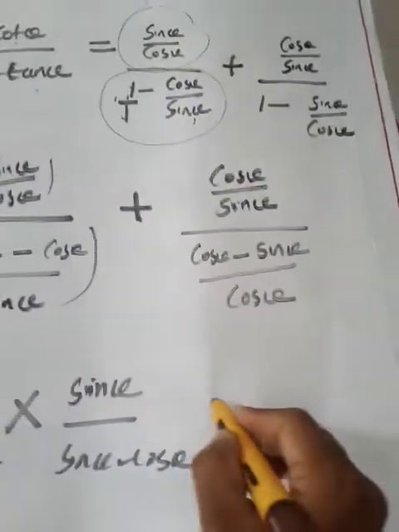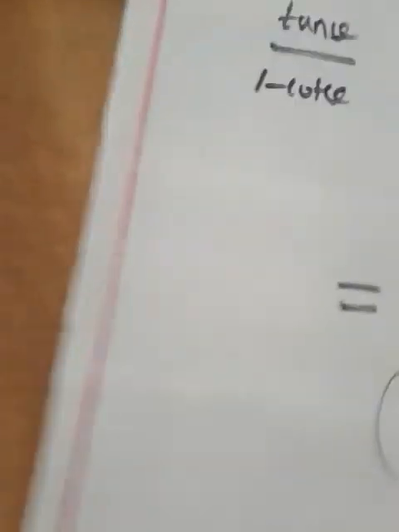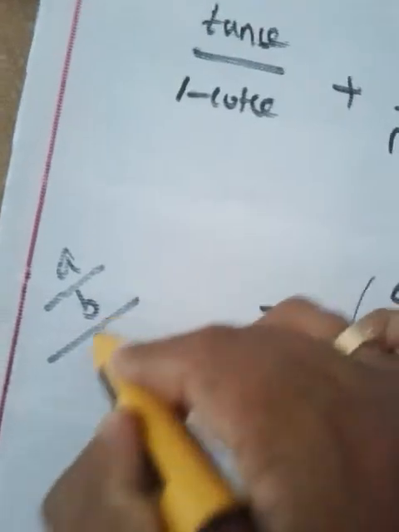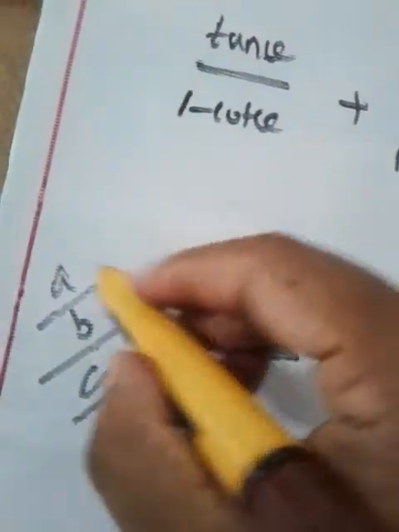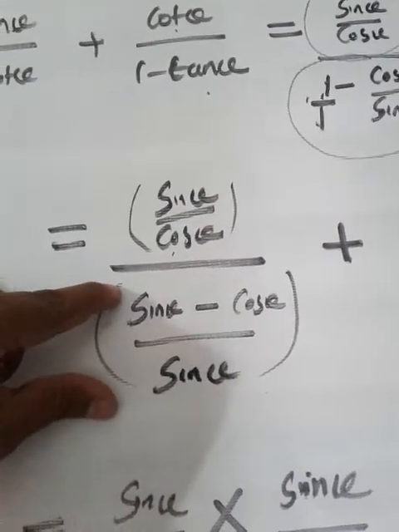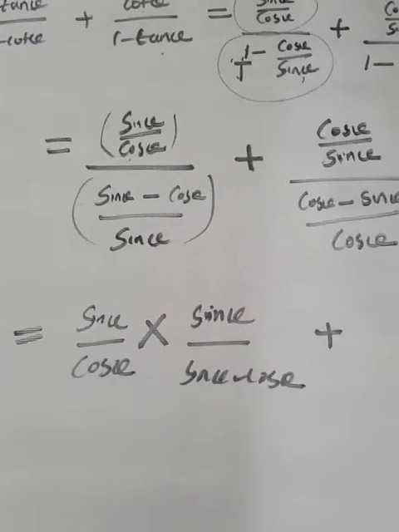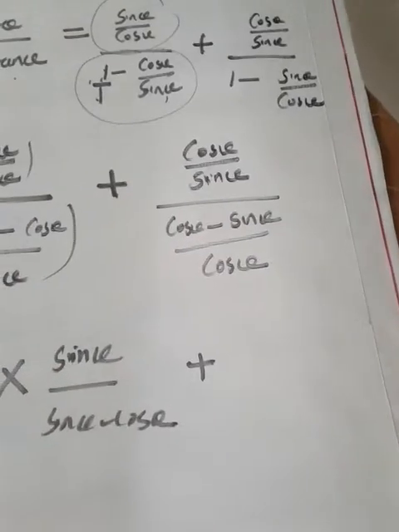Similarly here also, a by b divided by c by d is a by b into d by c. Same method I applied here. This by this means I have to take the reciprocal and multiply with this. That is a rule in division, no? Same method. Similarly, you simplify this portion also.